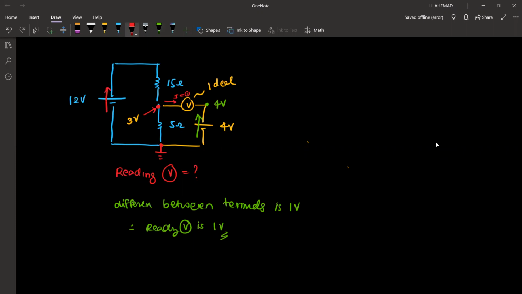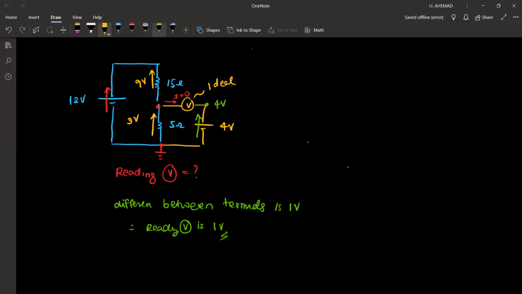Here, these arrows are not only for batteries. We can use them for these resistors also. So here the arrows will be like this. So here it's 9 volts.